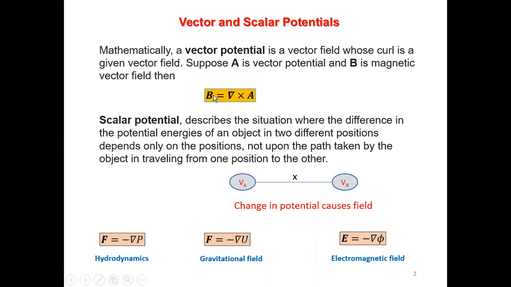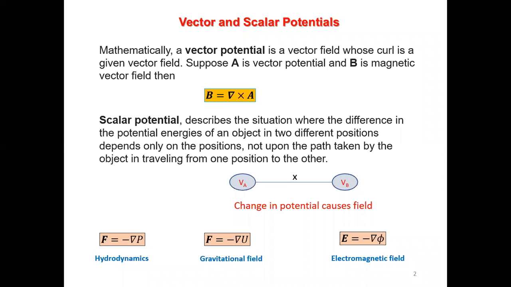Whenever we take any vector field, its curl will give us the magnetic field. And if we have a scalar quantity like pressure or potential energy or gravitational energy, its negative gradient gives us the vector quantity, and that may be force or electric field.